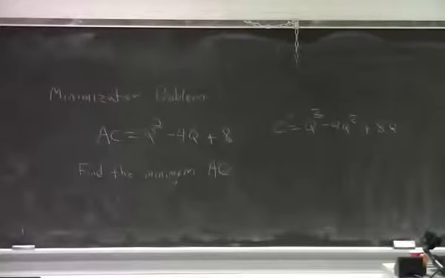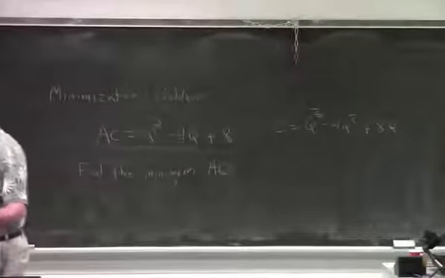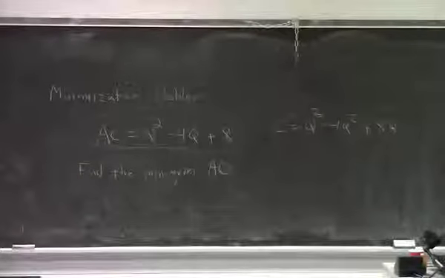So let's suppose you've got the objective function, the average cost function. Then the first order condition is to do what? Just take the first derivative of your objective function.